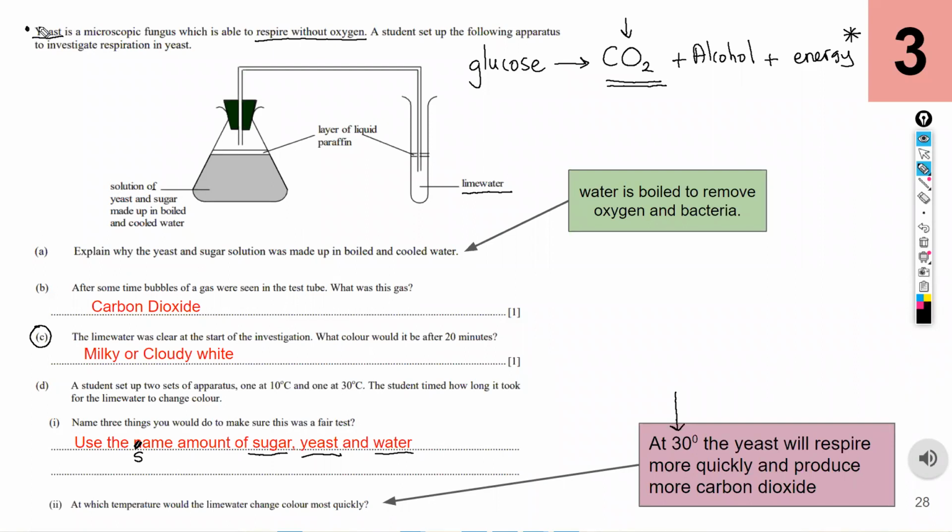So if you read the packet of yeast, whichever brand you buy, look at the back of it. It does have instructions. When you're mixing yeast, they tell you to make sure the temperature is around 30 degrees Celsius. Because at around 30 degrees Celsius, the yeast performs respiration really well. And it does get plenty of carbon dioxide.